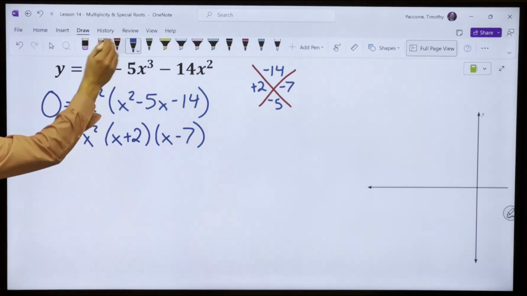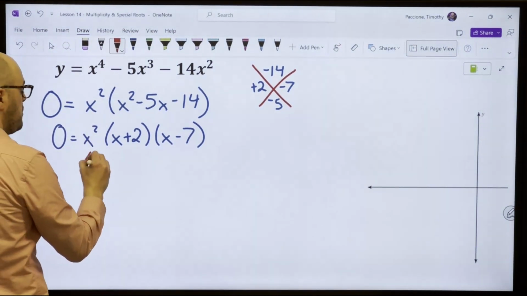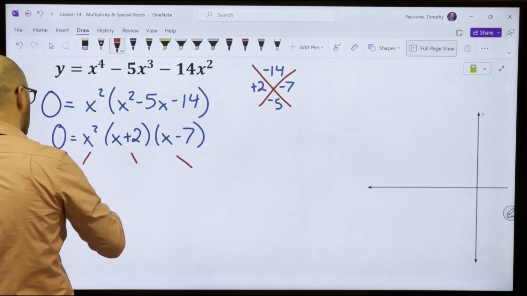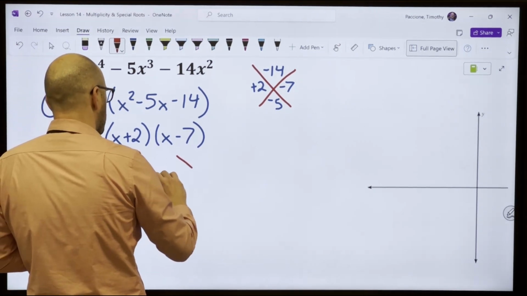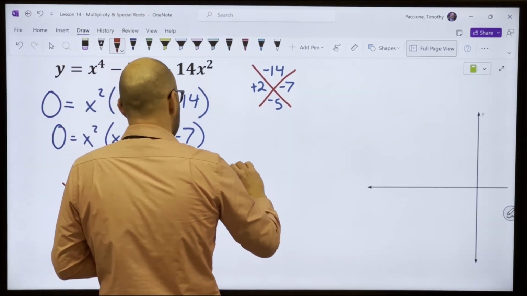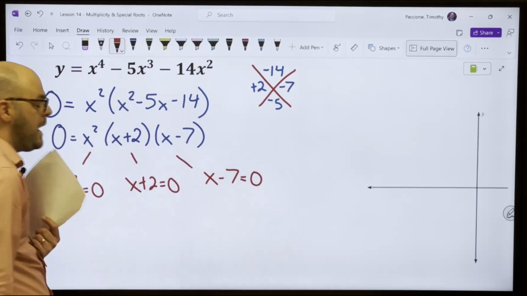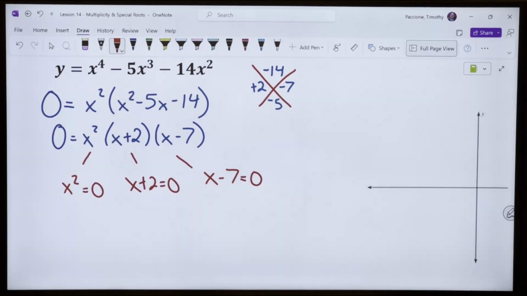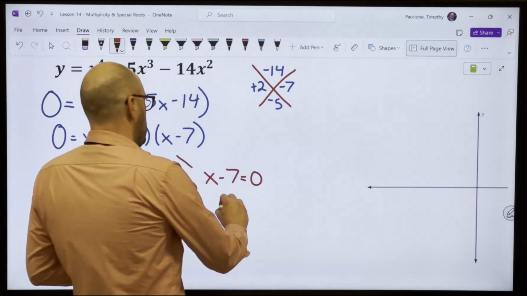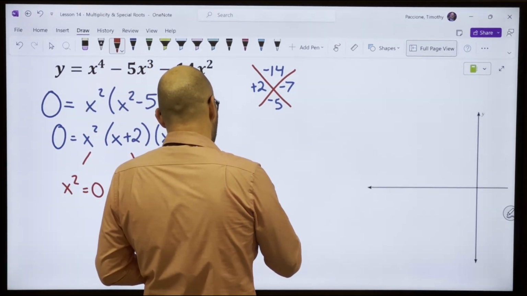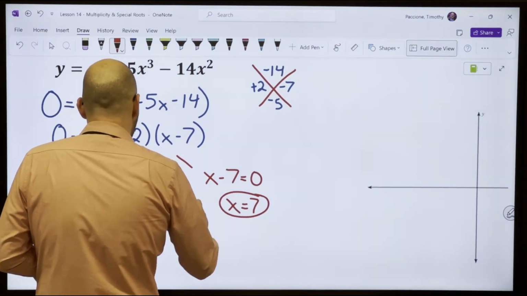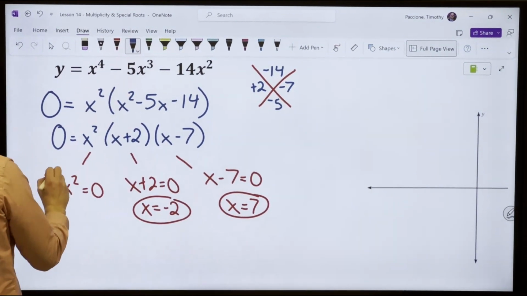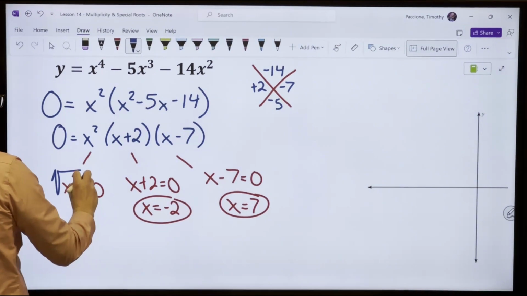Now I'm at the zero product property part, so I pull it apart. x squared equals 0. x plus 2 equals 0. x minus 7 equals 0. I'm looking for my roots, so I solve each of these. I find out x equals 7. x equals negative 2. And then for this one, think about what you would do. You would square root both.